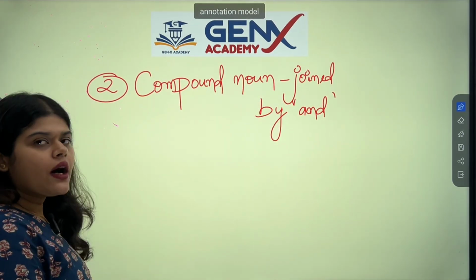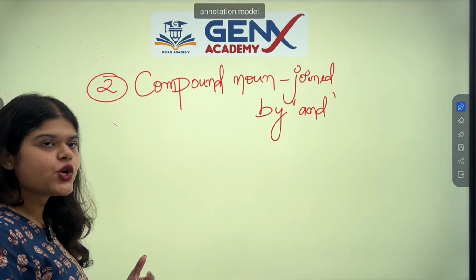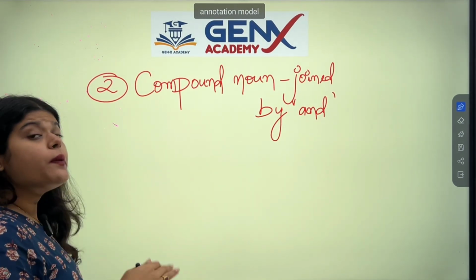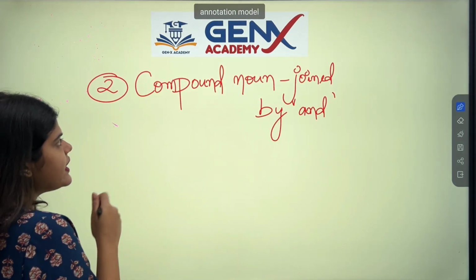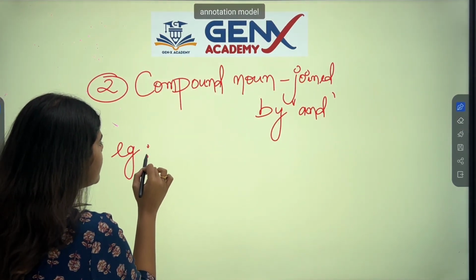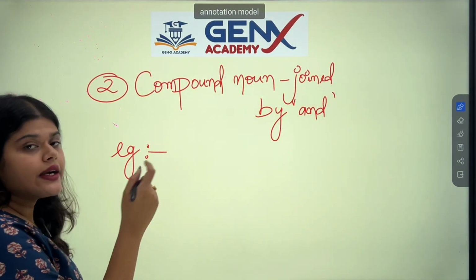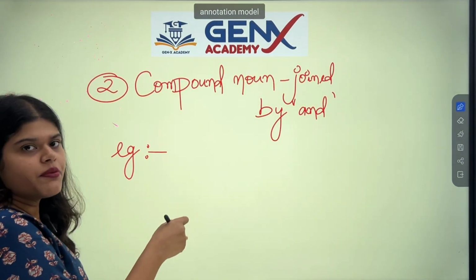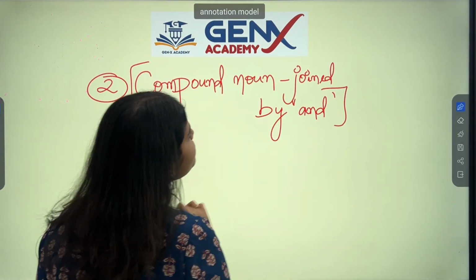So a compound noun is a noun which are so intrinsically joined together that they will be treated as one object. I will simultaneously explain you with examples so that you understand. So through the example, I will make you understand what I mean by this statement.